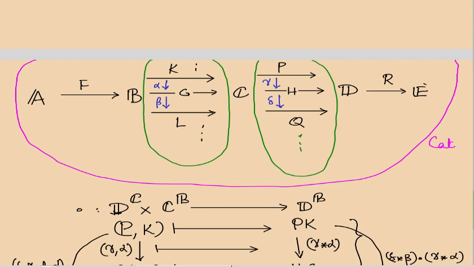In what ways is it becoming rich? First, we can now start thinking as if these were some kind of zero cells. Then you had some kind of morphism between these zero cells.